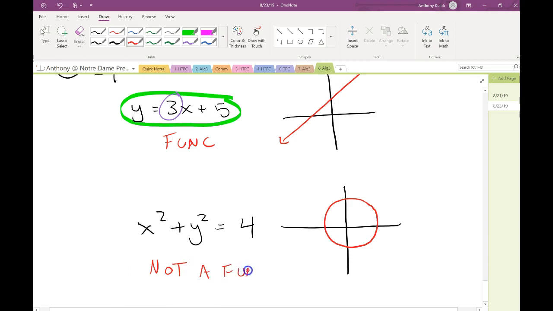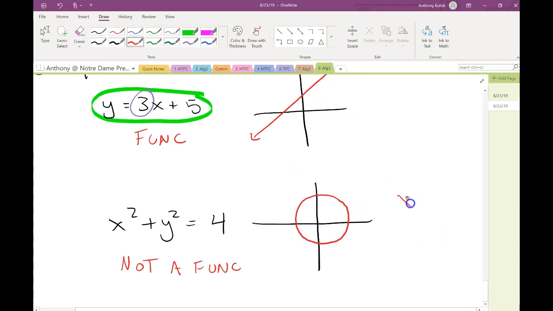Now, if you didn't remember that the graph of this is a circle, what I would try to do is see if there's a way to use the same x but get two different y's. So I'm going to make like a little xy table over here and pick an x.